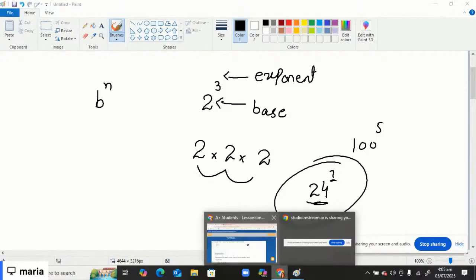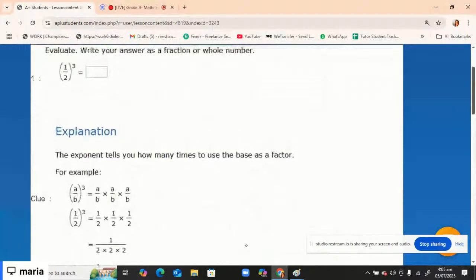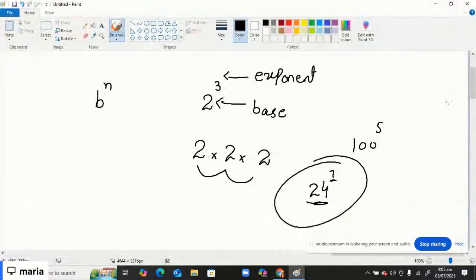All right, now let's discuss. Here is 1 by 2 power 3. What does it mean? It means that 1 by 2 is multiplied with itself 3 times.